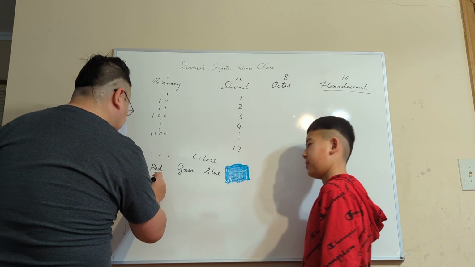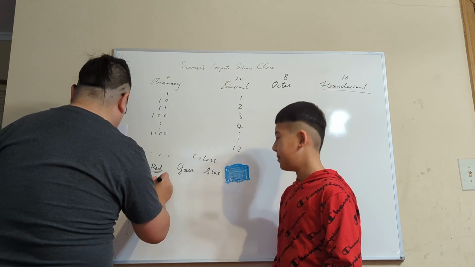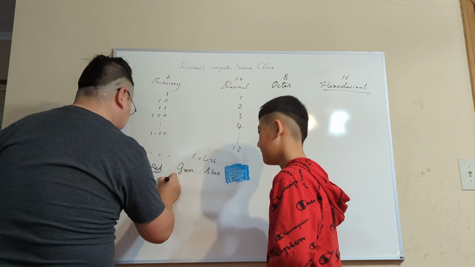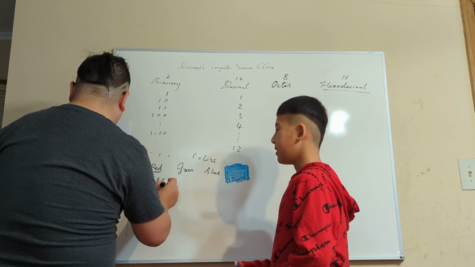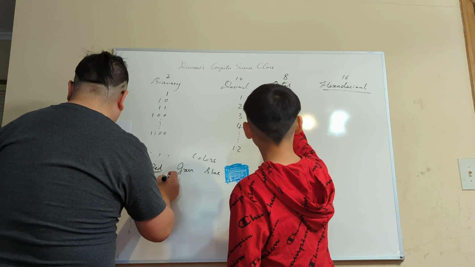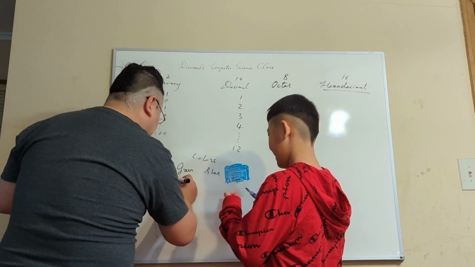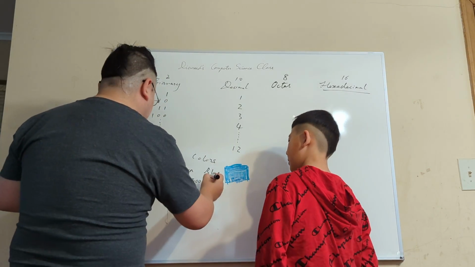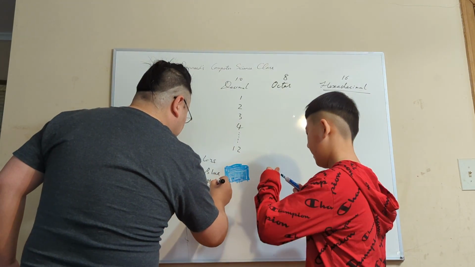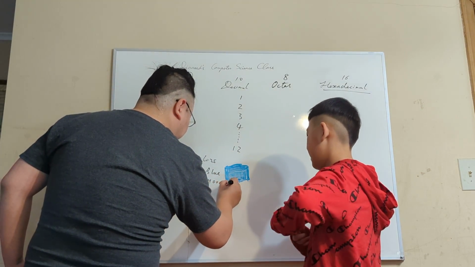It's F 0 0 0 0 0. This is red. And for the green, it's 0 0 F 0 0 0. For the blue, it's 0 0 0 0 F 0.